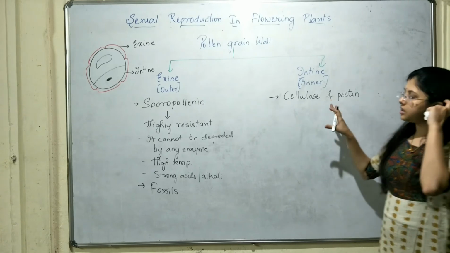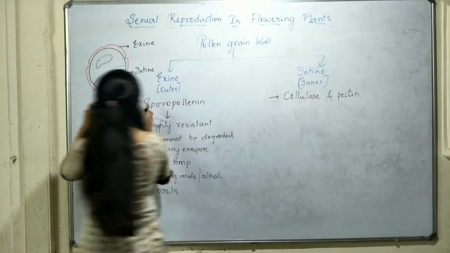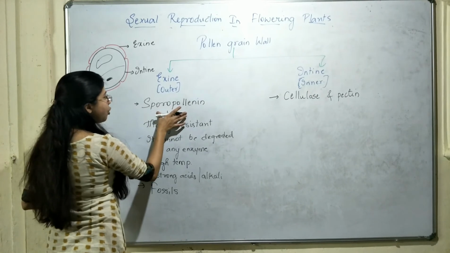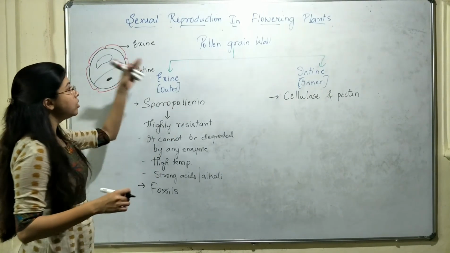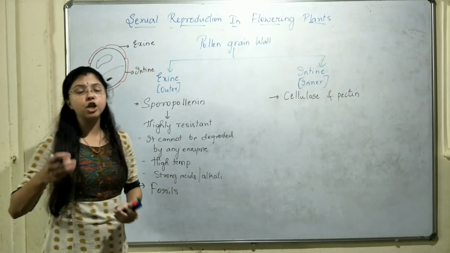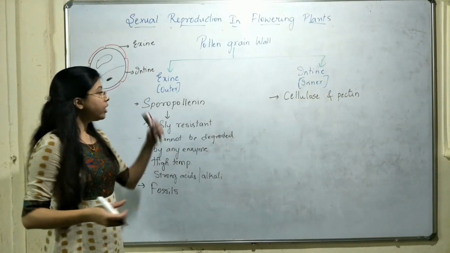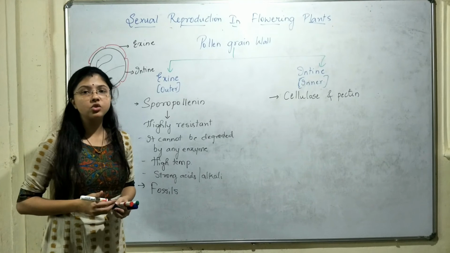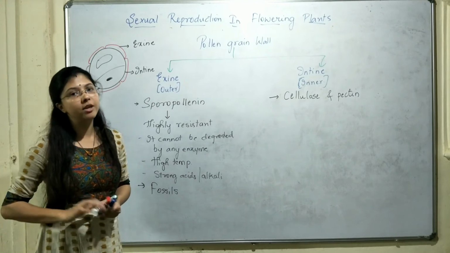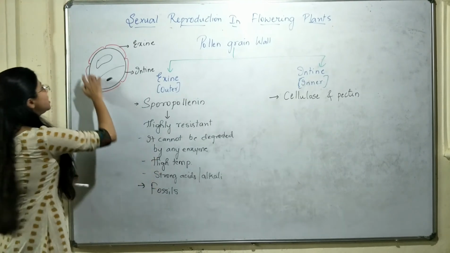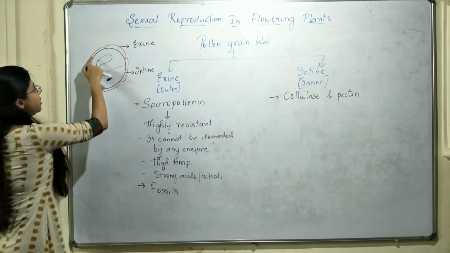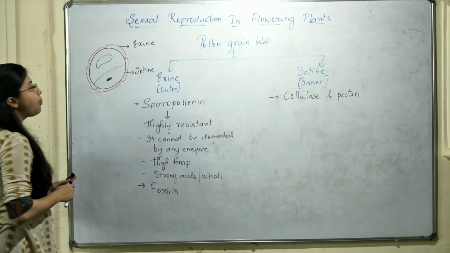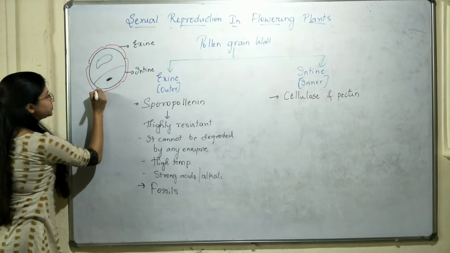Now, when you see the structure of the pollen grain, if I say that exine is made of sporopollenin and it is a highly resistant structure, you know that once the pollen grain lands on the stigma, it has to form the pollen tube. So if sporopollenin is a highly resistant structure, how can pollen tube formation take place? If you see the structure of the pollen grain, you will see that there are certain regions where sporopollenin is absent.